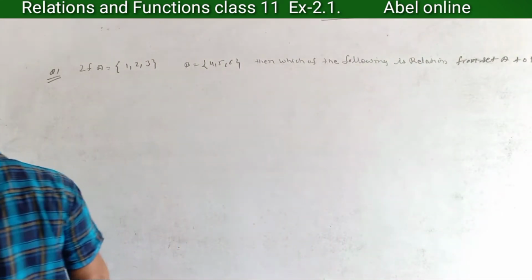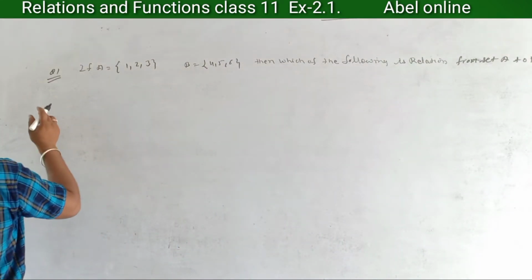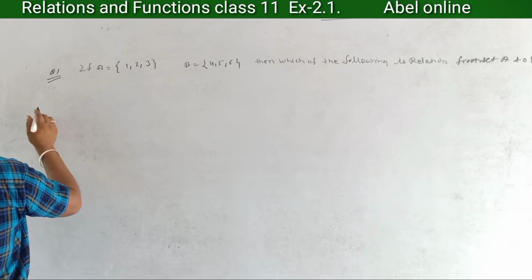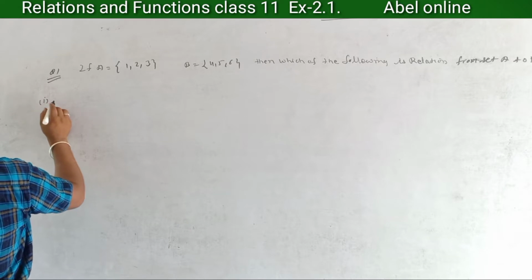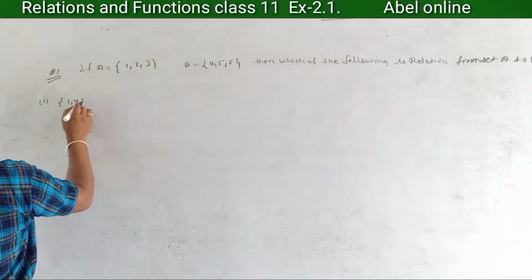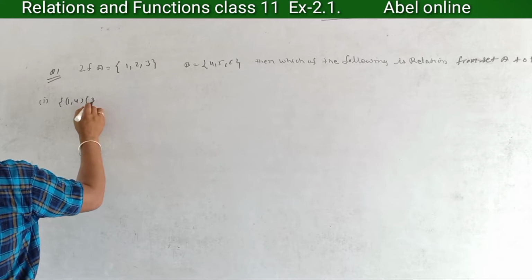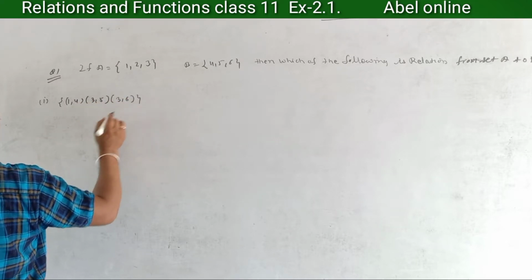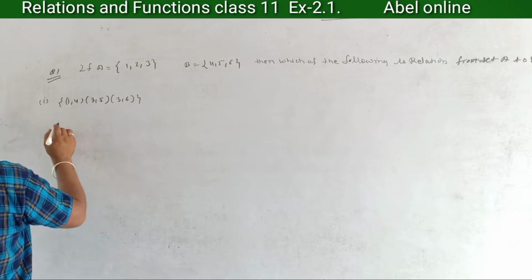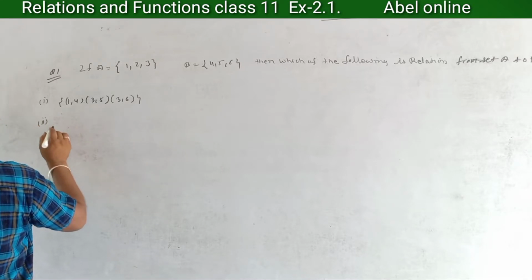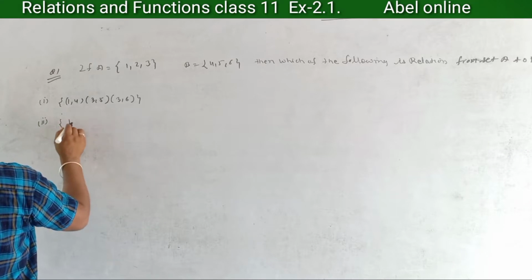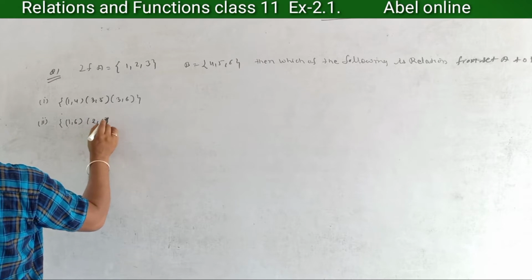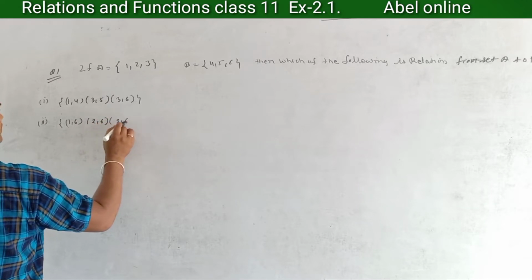Some options are given. Justify your answer. First is {(1, 4), (3, 5), (3, 6)}. Second is {(1, 6), (2, 6), (3, 6)}.